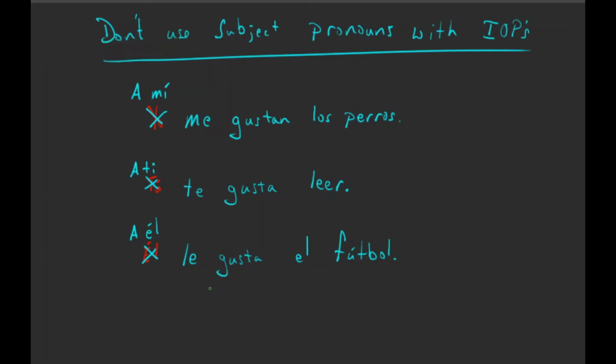And then the final one, a él le gusta el fútbol, would mean he likes soccer, but it's actually saying to him, soccer is pleasing. On the plural side, we would be using a nosotros instead of just nosotros by itself, a vosotros instead of just vosotros by itself, and we would be using a ellos or a ellas or a ustedes.